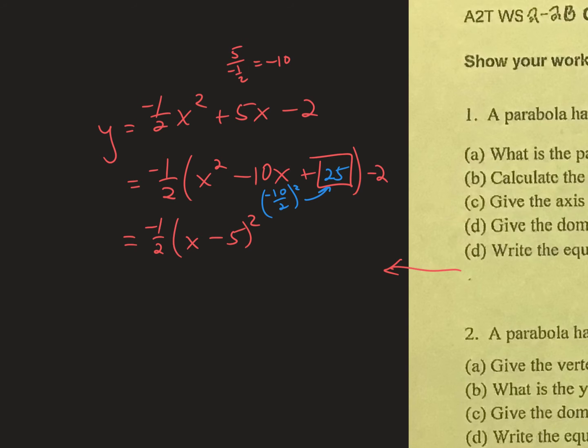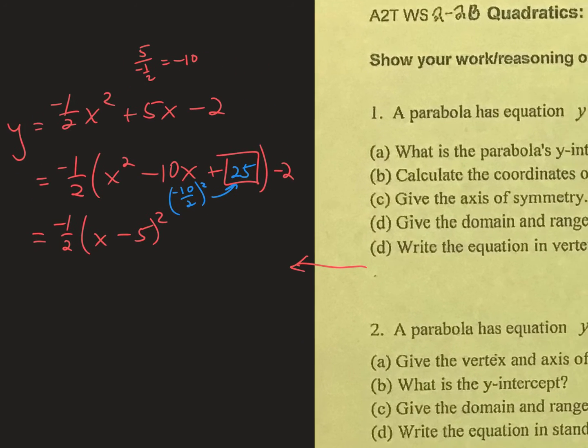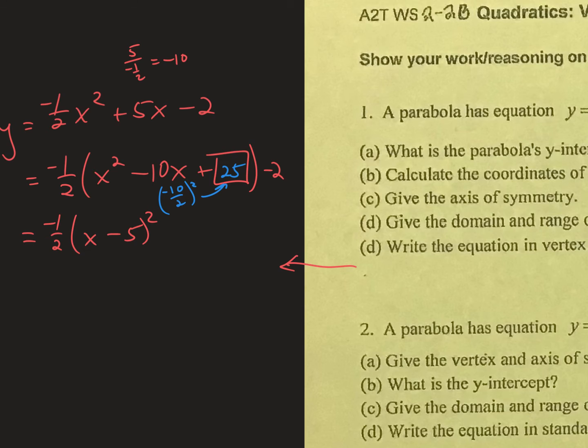And that will simplify down to -1/2 times x minus 5 squared. And if I add that 25, I have to add back -1/2 times 25, so -25 halves. And then add it to the -2. Sorry, I have to add that because that was a -25 halves because of the -1/2, and then I'm doing the opposite.